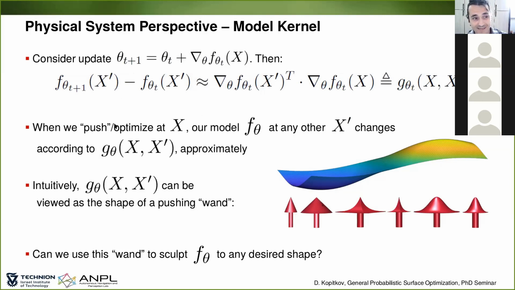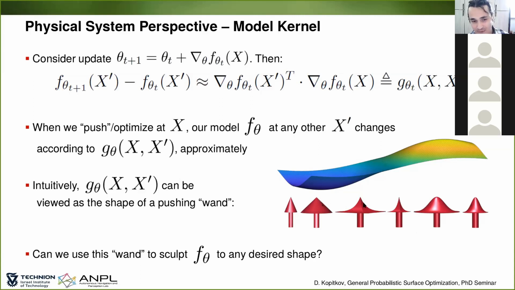In other words, when we push or optimize at some point x, our model at any other point x tag changes approximately according to this kernel. We can also think about this update as pushing at some point x with some pushing stick or pushing wand. The shape of this pushing stick is described by this kernel. So the function space that we take when we start our optimization defines these pushing sticks that we use during the optimization.